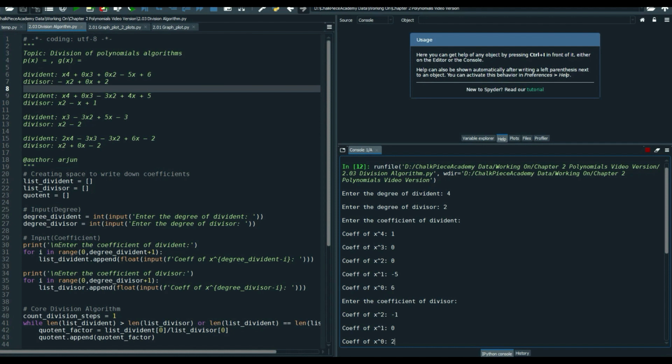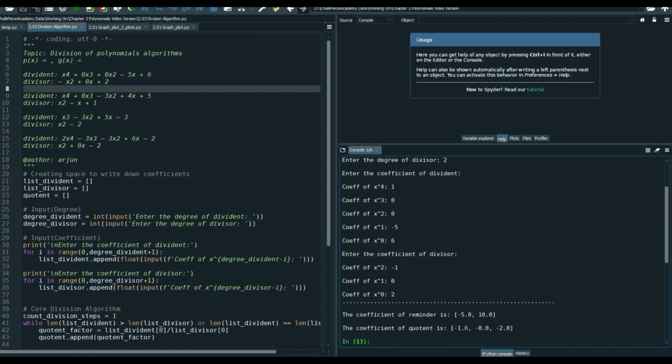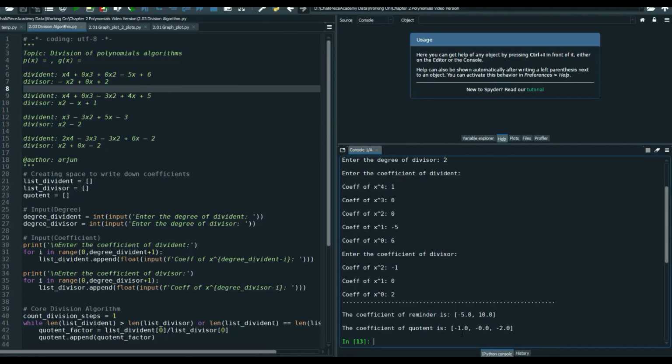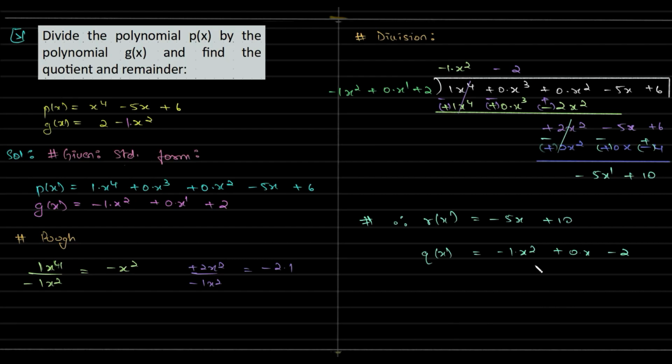I hope I didn't type anything wrong. We have minus 5 and 10 as the remainder. Minus 5 and 10 looks good. And the quotient: minus 1, 0 and minus 2. Looks right. So we got the division.